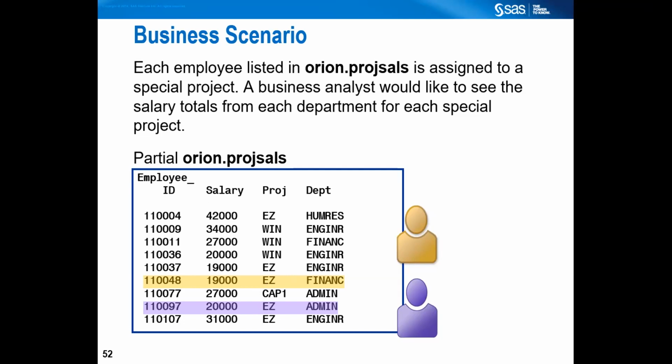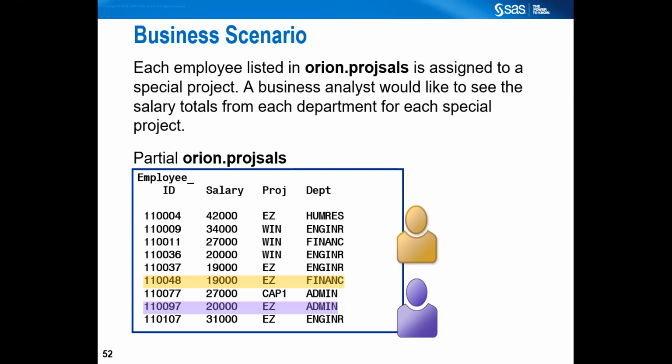Okay, and what they want is, you have this employee data of project_sals, which is assigned to a special project. It's telling that a business analyst would like to see the salary totals from each department for each special project.